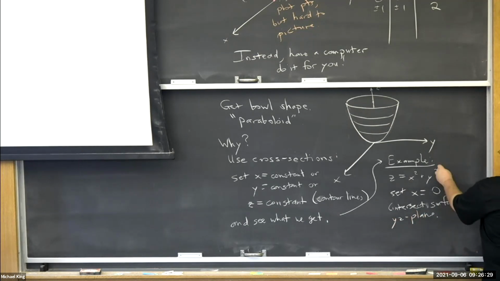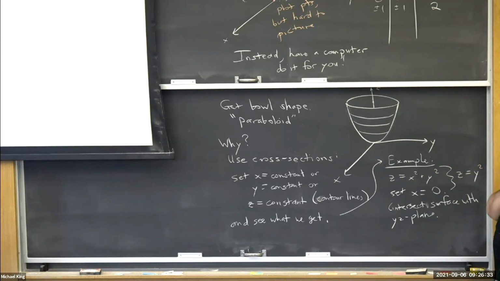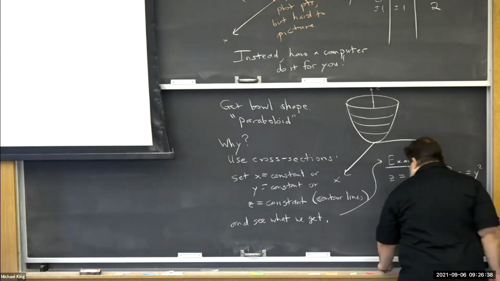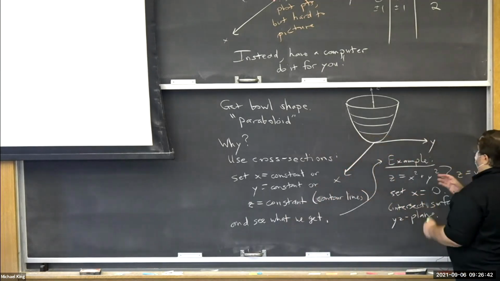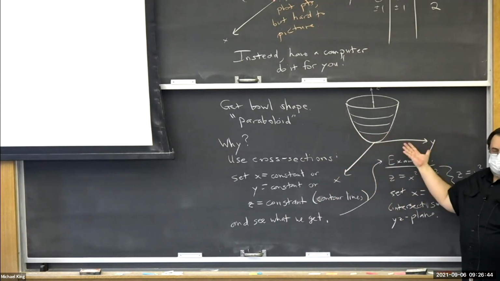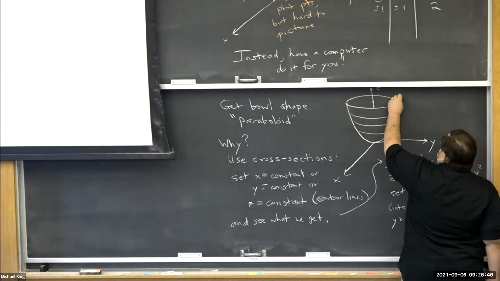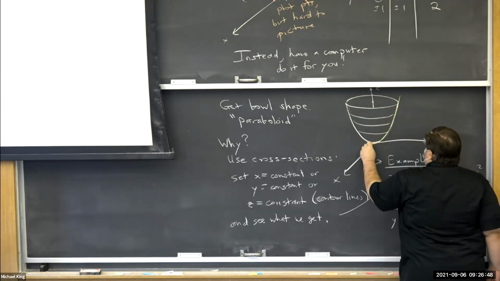And if we do that, we clearly get z equals y squared, just plugging x equals 0 in. And so that is actually a parabola. Forget this being 3 dimensions, just think of the plane of the blackboard being y and z. That really is this parabola right here.